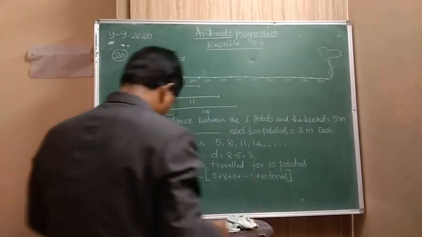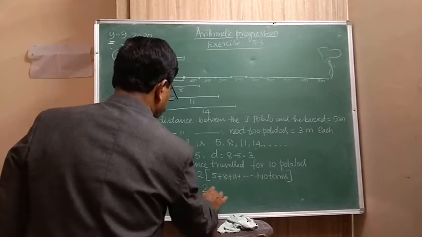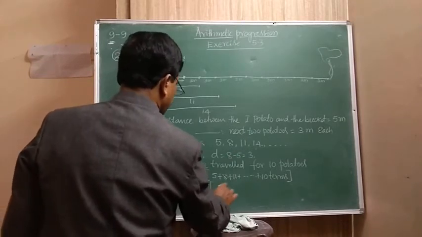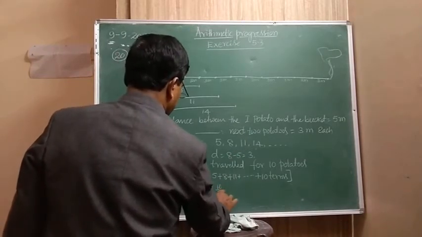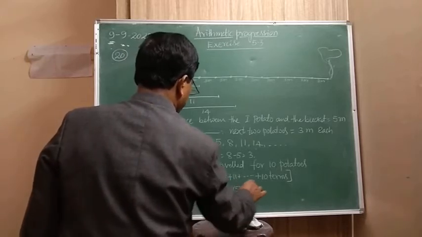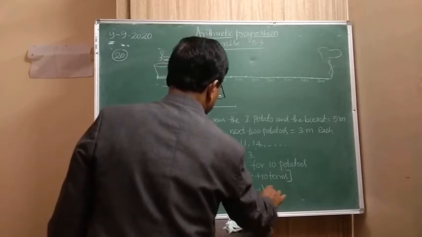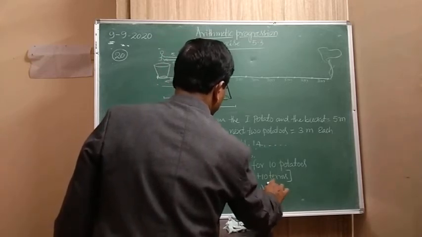So now do this one. 2 into n by 2, that means 10 by 2, of 2 into a, which is 5, plus n minus 1, which is 10 minus 1, into d, which is 3.